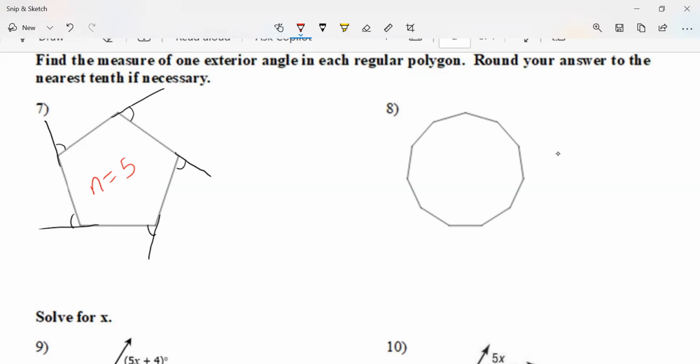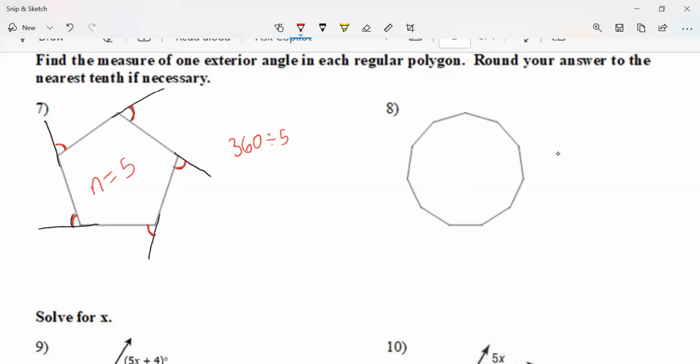I know all of them is 360. I know there's 5 of them. So let me go 360 divided by 5. Like I said, the angles on the outside always add up to 360. The interesting part is if you were to look at these corners and put them together, they create a circle.